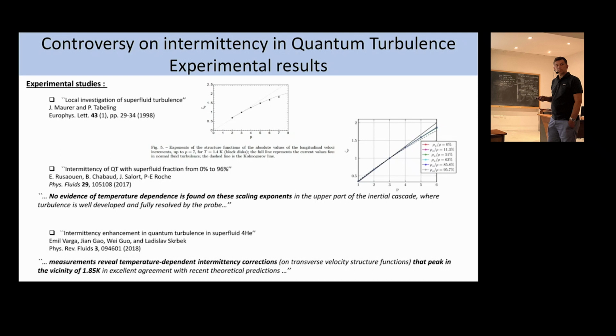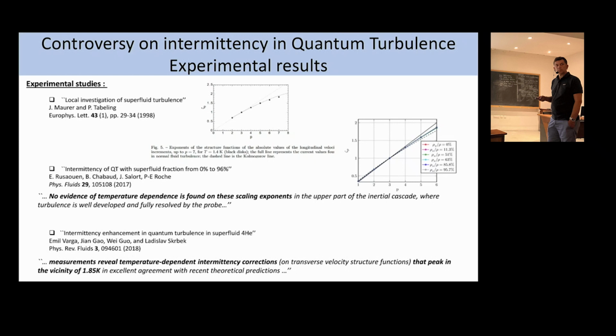And they found at that time, at a temperature equal to 1.4 K, that the scaling exponents of the velocity structure functions are very similar to the scaling exponents we get for classical turbulence.